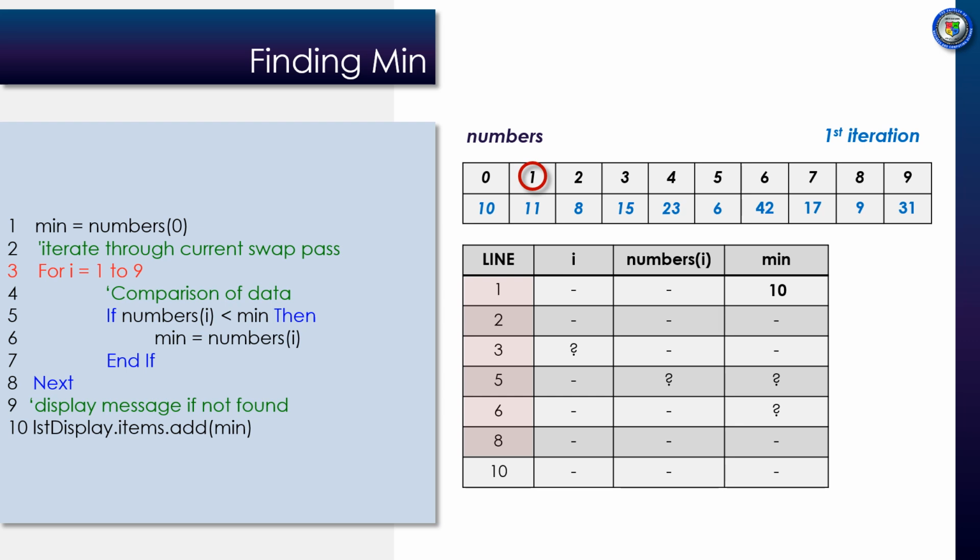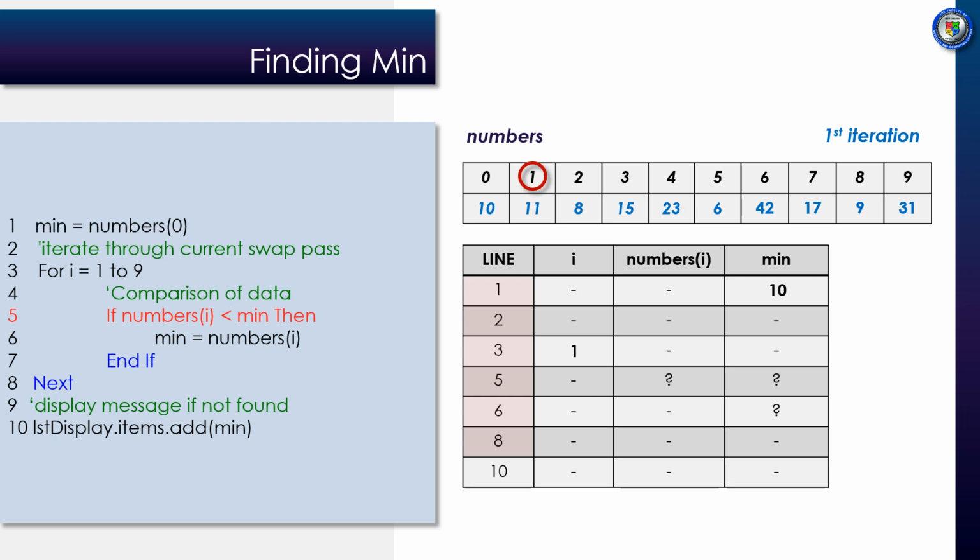In line 3, I starts at 1, and that means we want to start at the second position within the array and compare the value in that element to our first value. At line 5, numbers I, so numbers being our array and I being the control variable in the loop, which is 1.